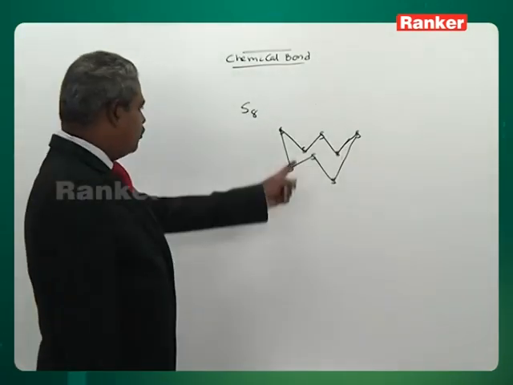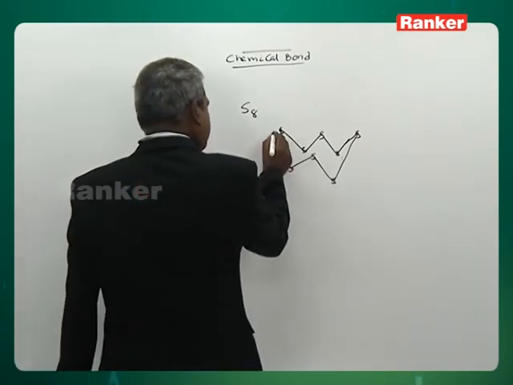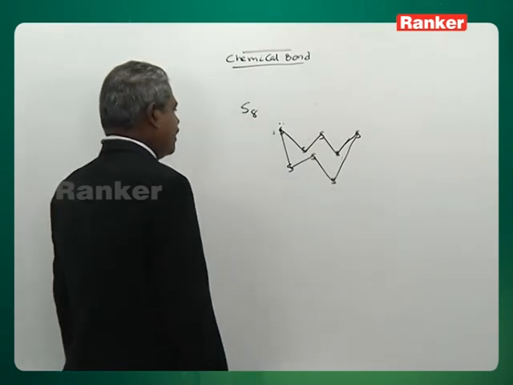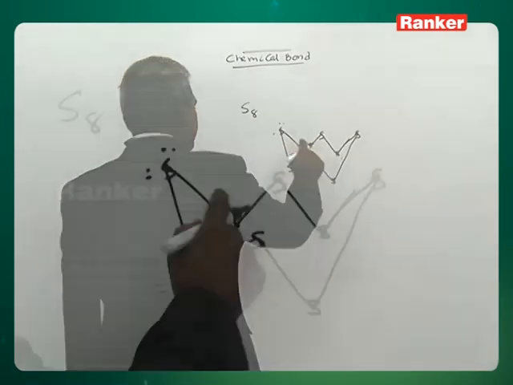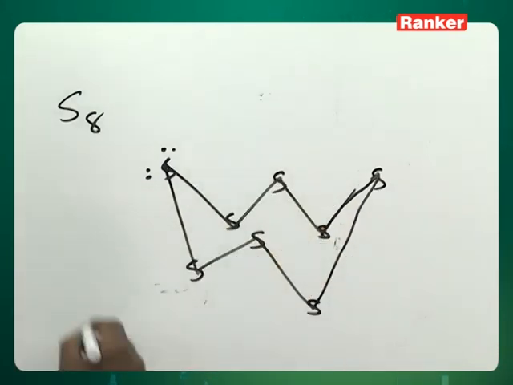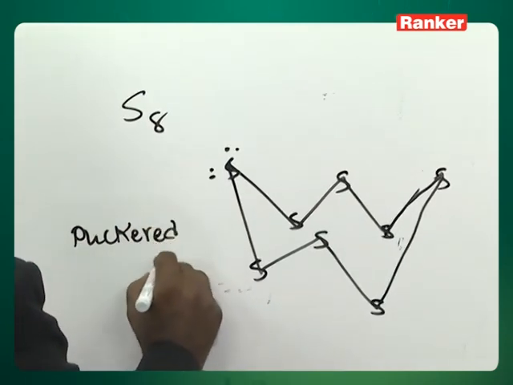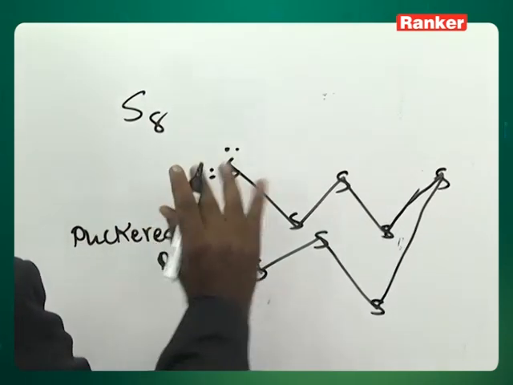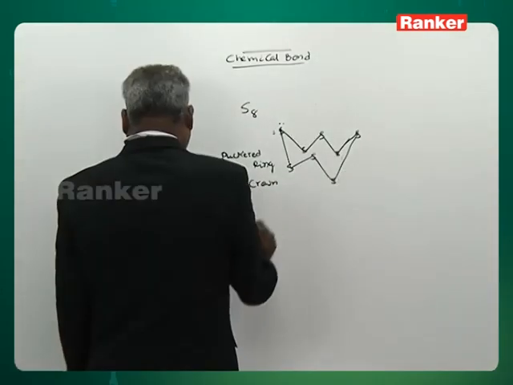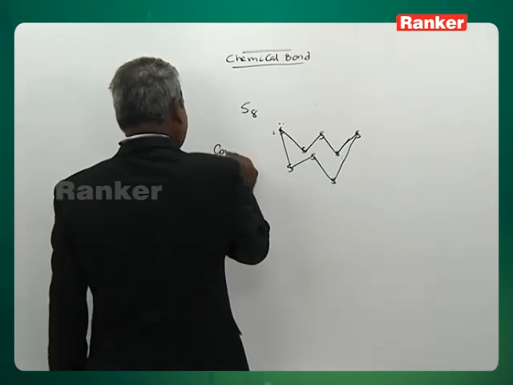You get a crown-like structure or a puckered ring structure because each sulfur is forming two bonds and has two lone pairs, giving a V shape. Around each sulfur the configuration is V. This is called a puckered ring structure, or a crown structure. What is the covalency of sulfur here?